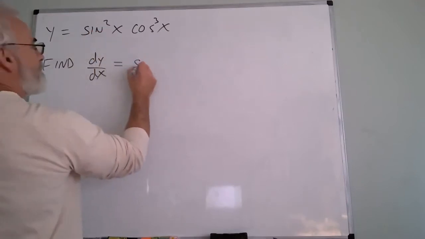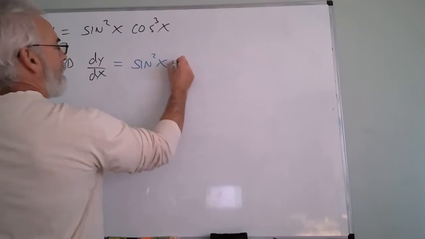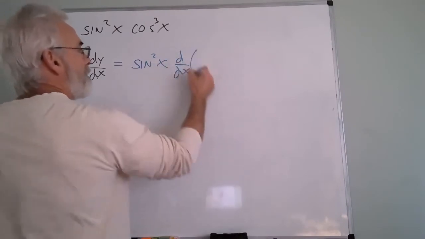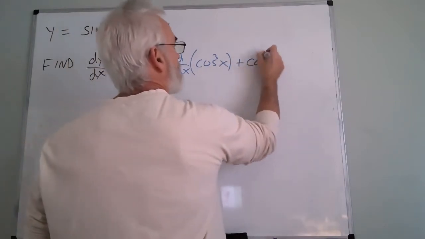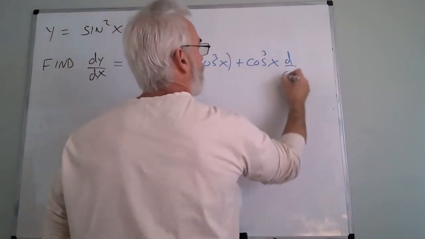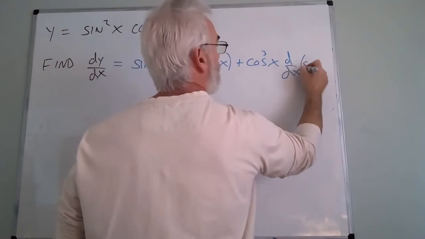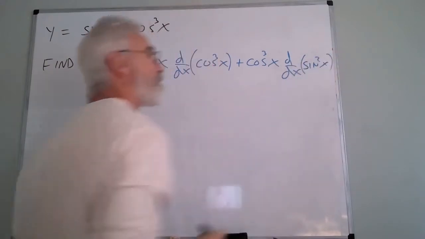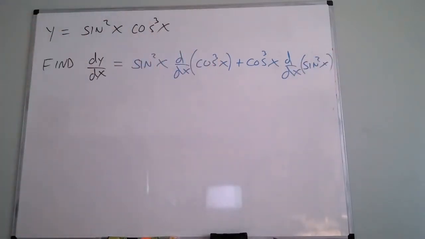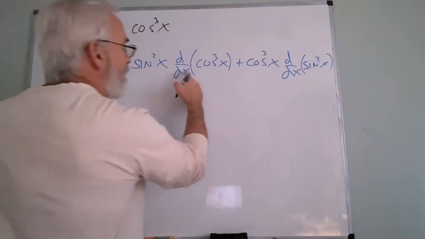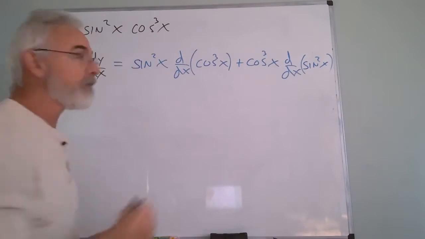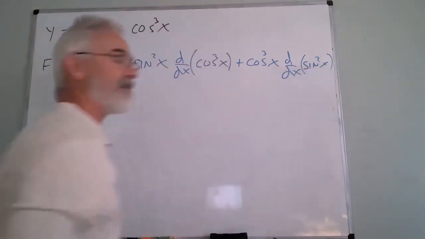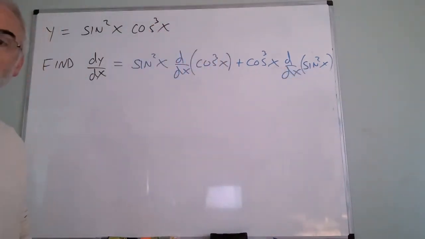It's the first times the derivative of the second plus the second times the derivative of the first. Okay, that's what the product rule states. Now, when I take this derivative, though, I have a function to a power. I have to use chain rule.